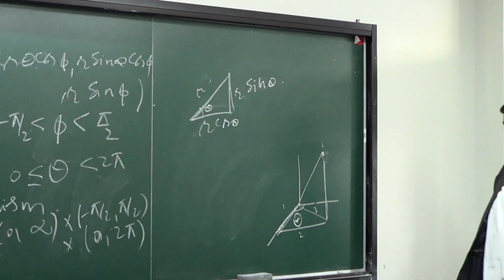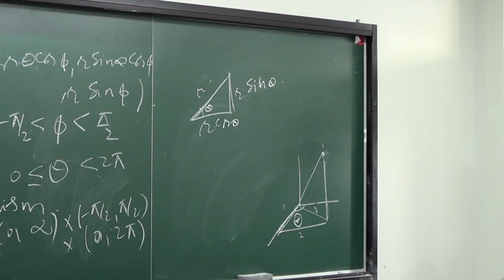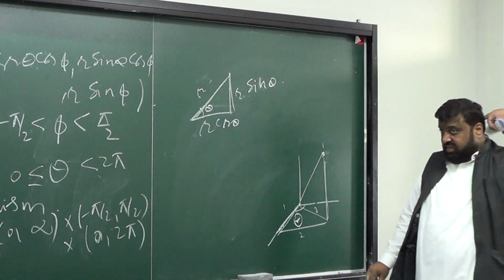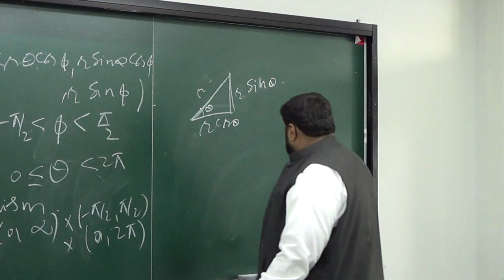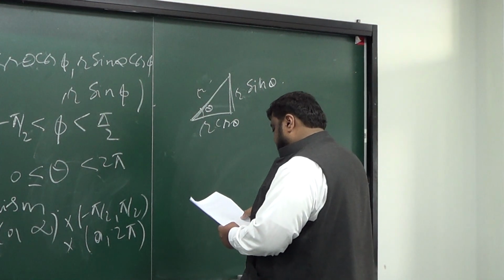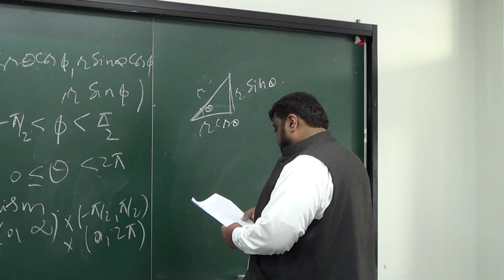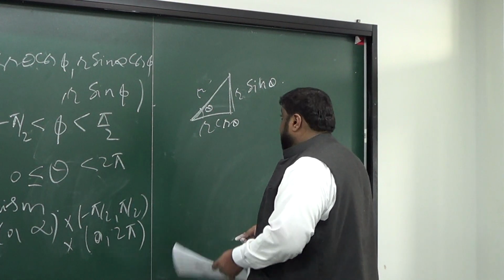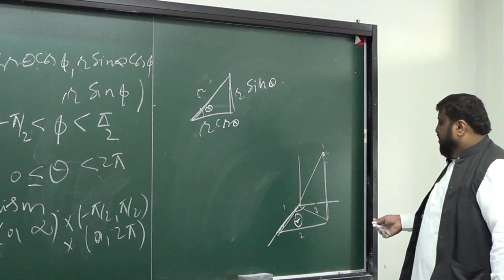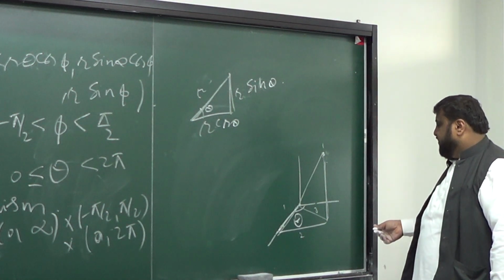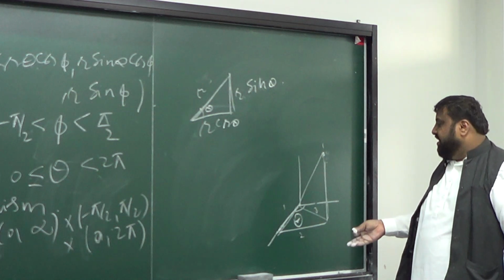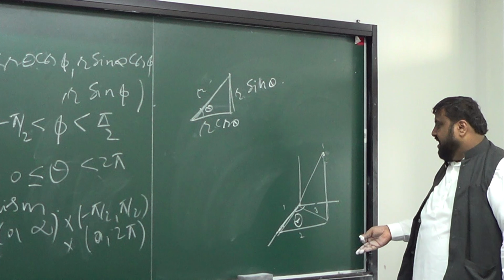Okay? Now if we come to this triangle, so let's think about this triangle. So 4, 5 comes. If you are comparing it with the rectangular coordinates, aren't we done?